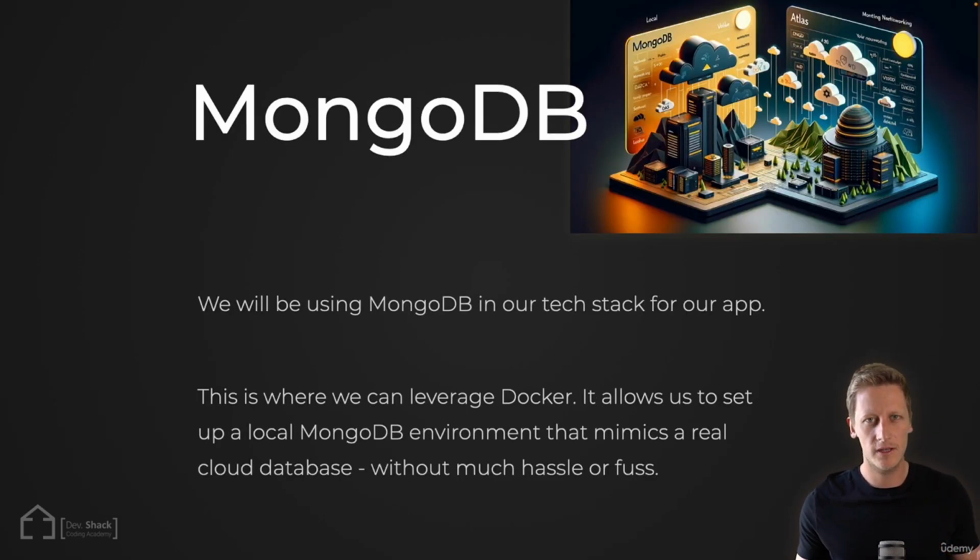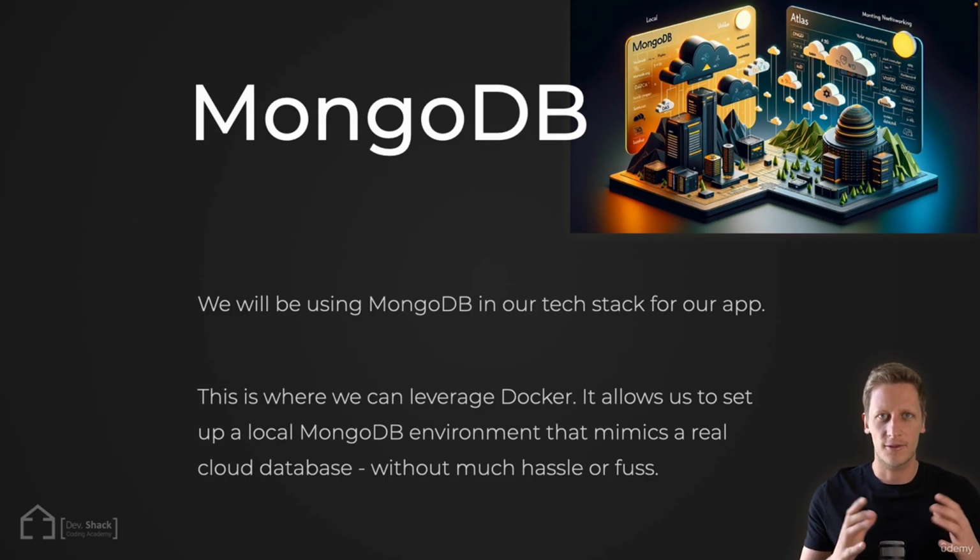And for us specifically, where it's going to be super handy is that we're going to be working with MongoDB. With MongoDB, you can obviously install it locally on your machine and set up an instance of MongoDB and interact with the database there. However, when you move this over to a staging environment or a production environment, you'd either have Mongo set up on your server, but that's not the recommended way.